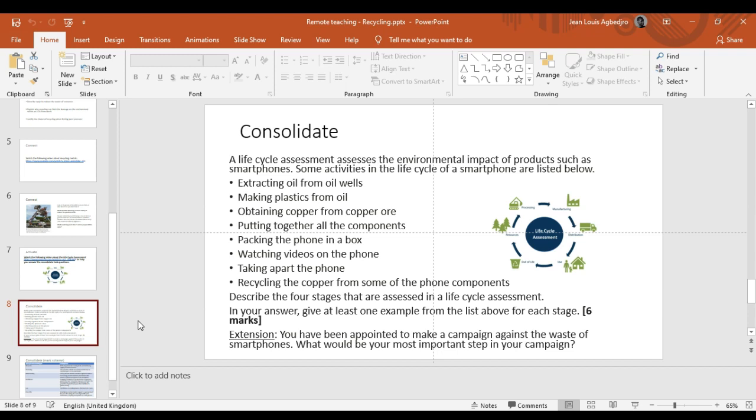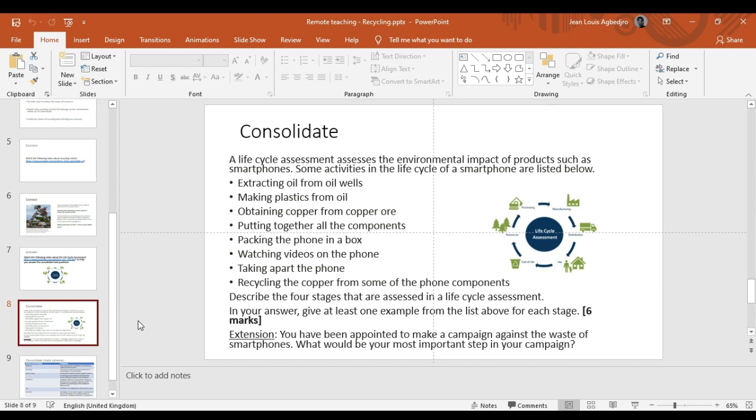But I please ask you to try to do the task yourself and not look at the mark scheme, so that then you can compare your answers with the mark scheme and realize how well you did.